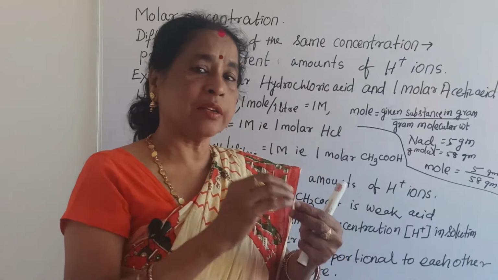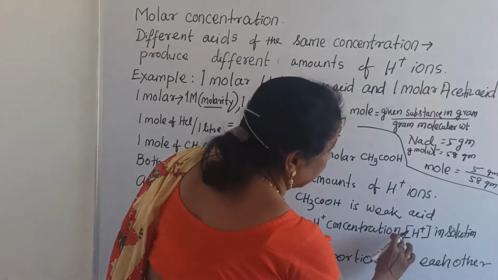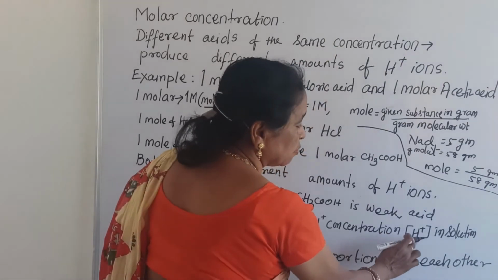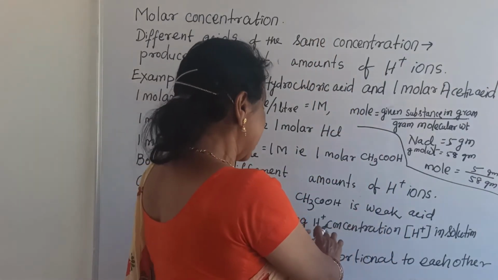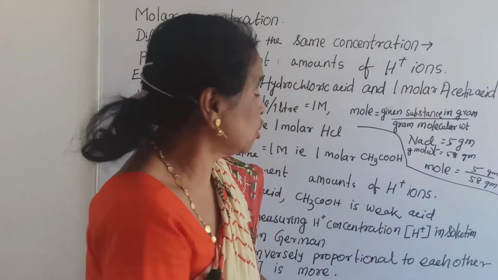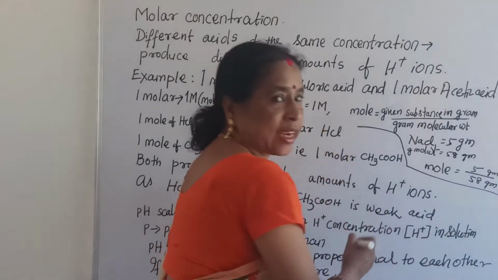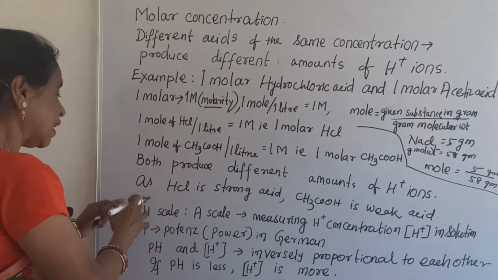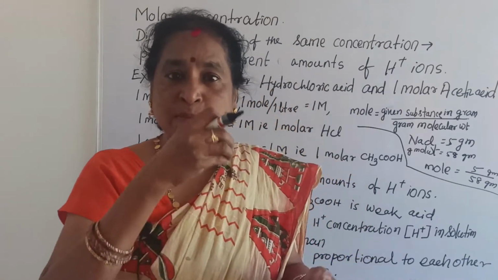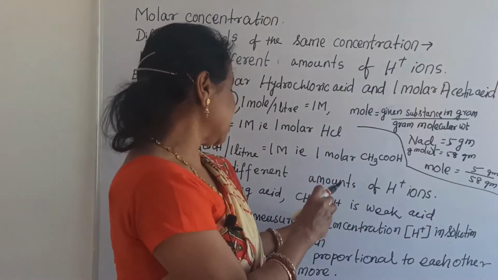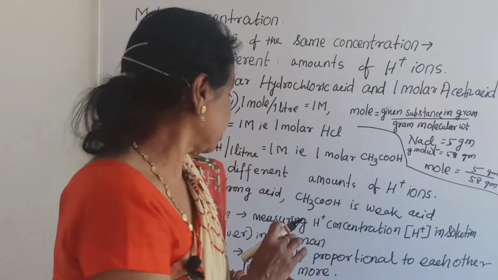The concentration sign is the square bracket, so you put H plus inside the square bracket for the H plus ion concentration in solution. The pH scale is a measuring scale. It can measure the hydrogen ion concentration in solution.